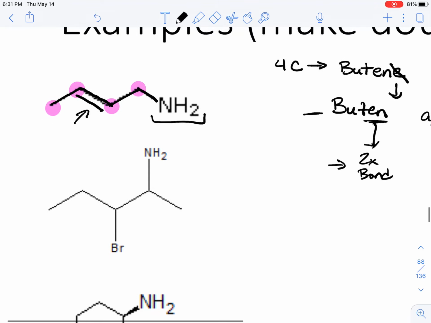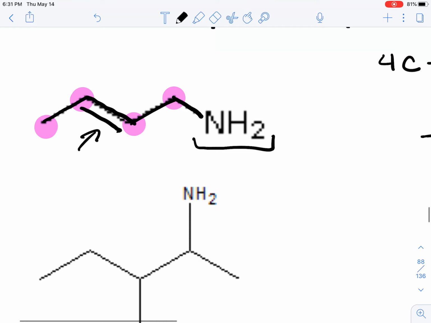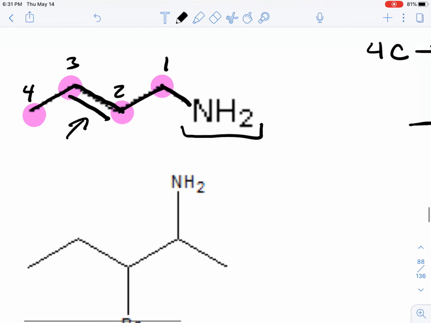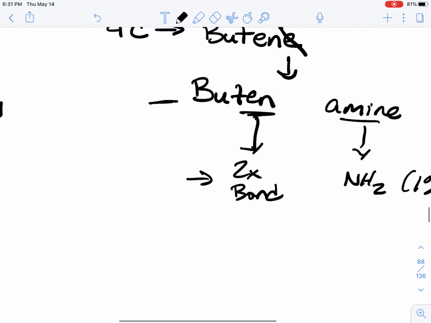And so let's look at numbering this guy. If you have a double bond and an amine, the primary goal is to make sure that the functional group has the lowest carbon number, even though there's a double bond present. So this is going to be carbon 1, 2, 3, 4. And on carbon number 1, we're going to have our amine.